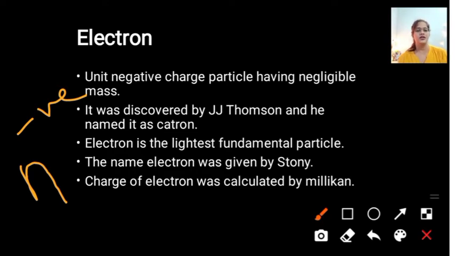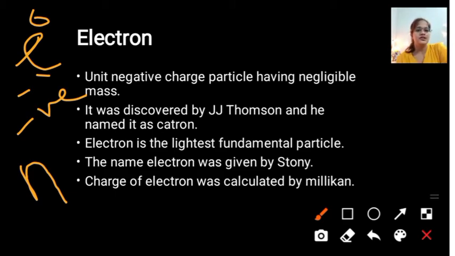Negligible mass means the mass is very little, near to zero. For that reason, when we indicate it, we write e with minus as the negative charge and 0 as the mass, because the mass is near to 0 but not equal to 0. But we just indicate it like that.